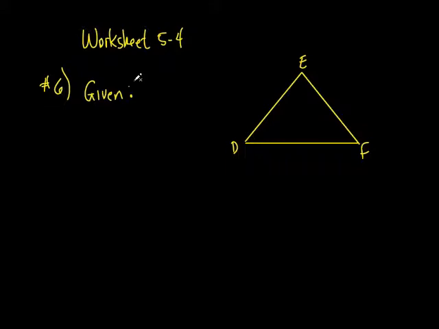But if you're trying to prove something that is not equal, then that's a really good time to use an indirect proof. So it tells you that angle D is not equal to angle F, and you're trying to prove that line segment DE is not equal to line segment EF.